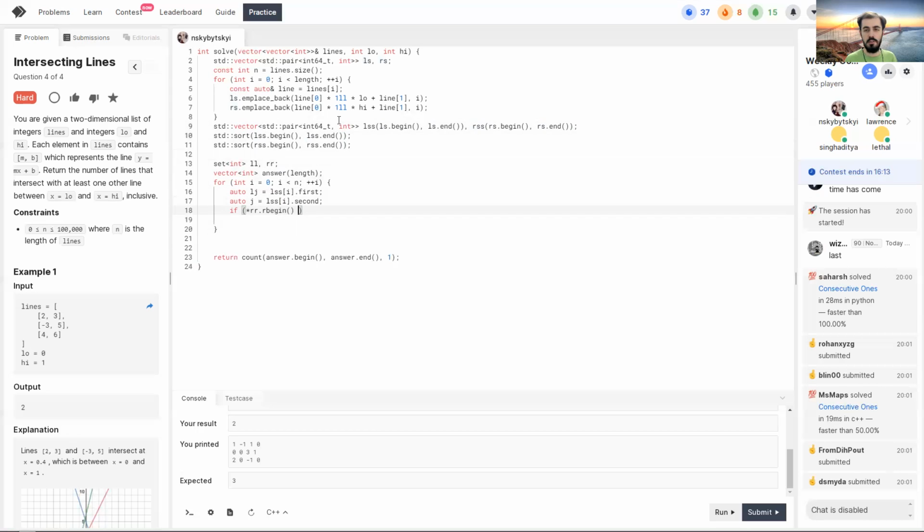So if a right intersection is at least rs at j first, answer at j should be true.